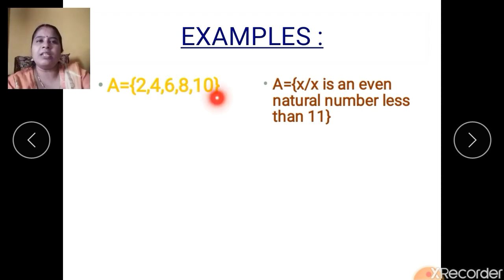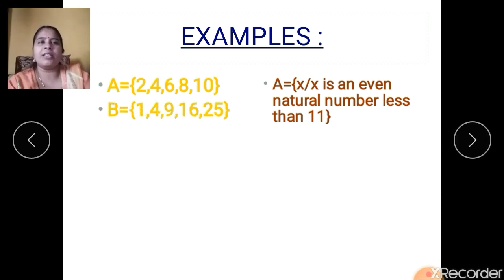Now you can see it is only till 10, so I have to restrict the even numbers to less than 11. You can also write it as less than or equal to 10, right? So this is how to read it in set builder way: A is the set of all x such that x is an even number less than 11.